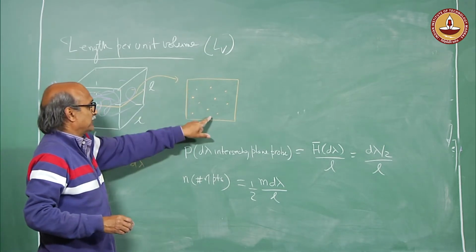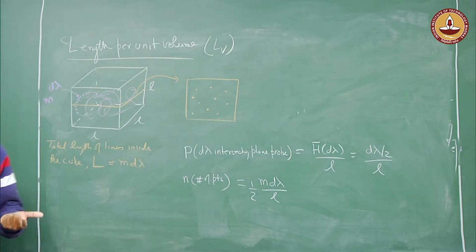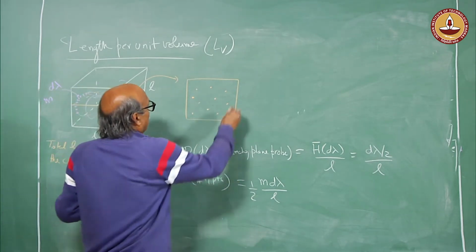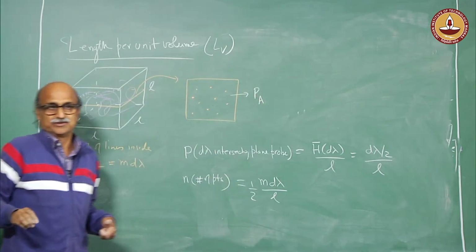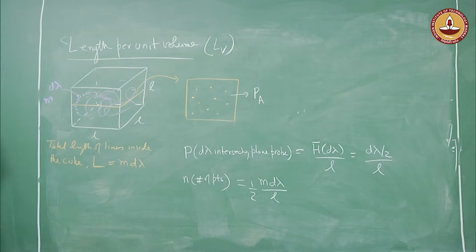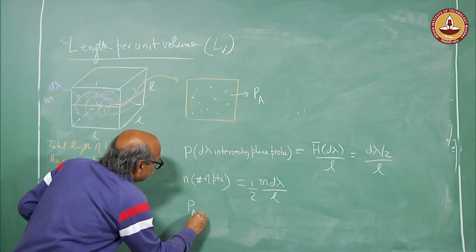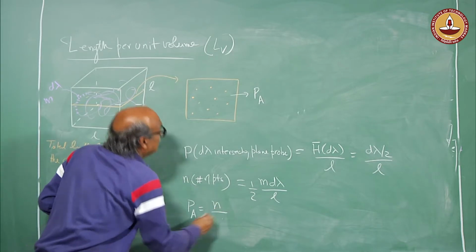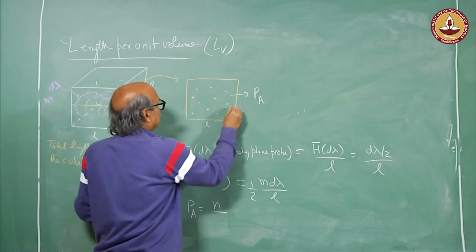Now, remember I said that we measure basically ratios of two quantities. So, I actually would measure number of points per unit area, P sub A. So, P sub A would be n divided by the area of my section, and the area of my section is L square.